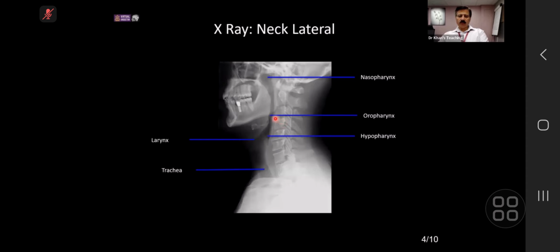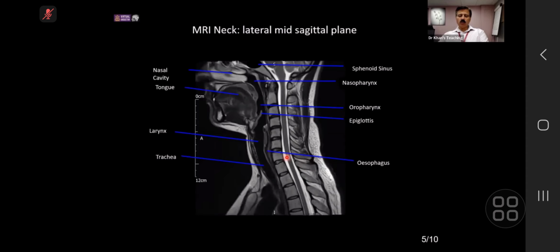Now, on a plain film, if this is the hard palate, then superior to that is the nasopharynx. This is the hyoid bone, and this is the oropharynx, and inferior to that, this will be the hypopharynx. Cricoid cartilage is here. So on an MR, you can see the same thing, and just epiglottis.